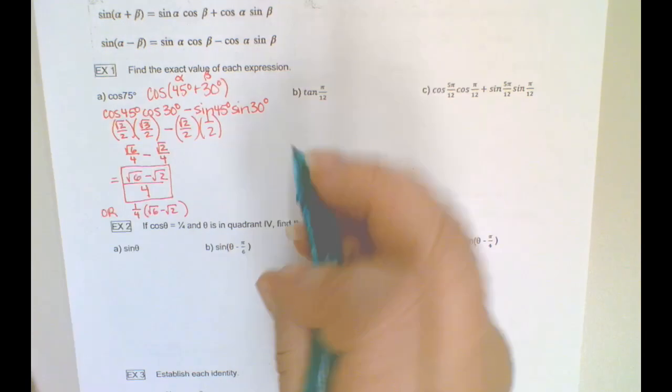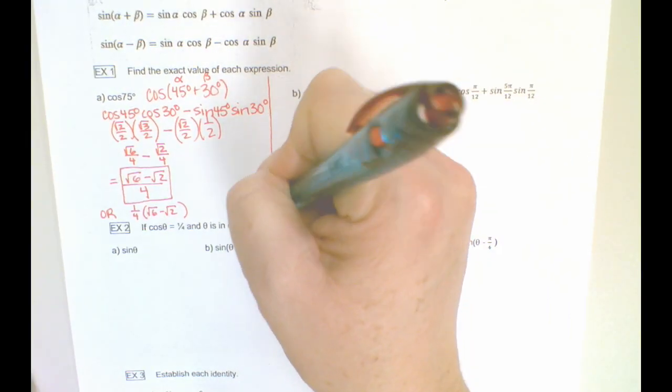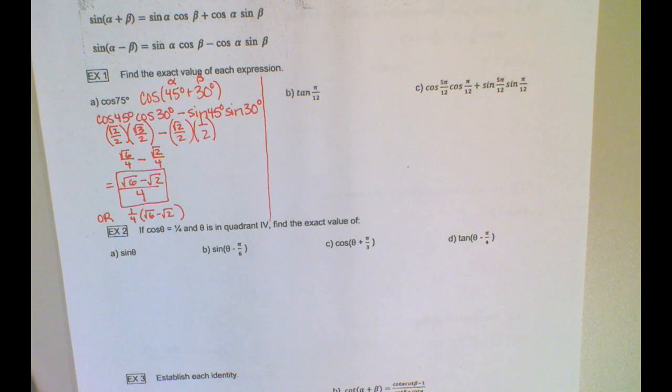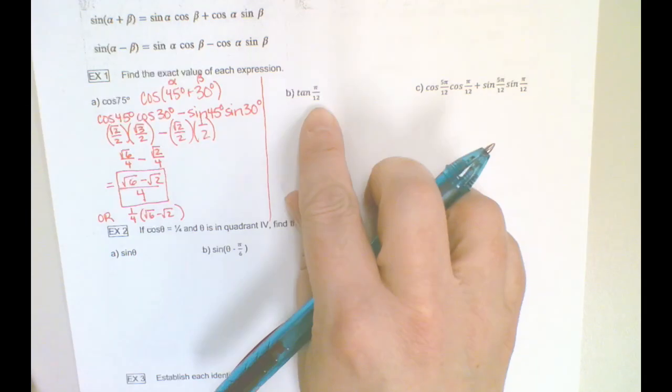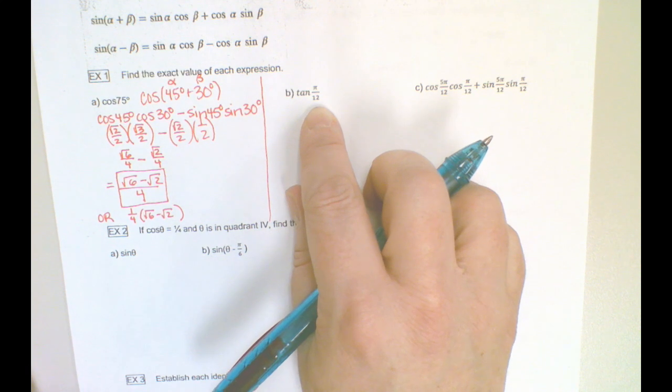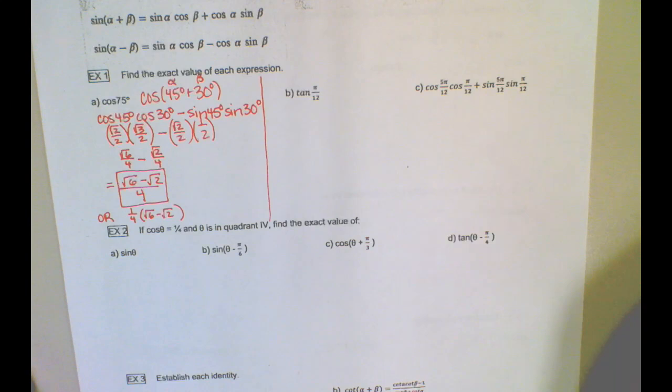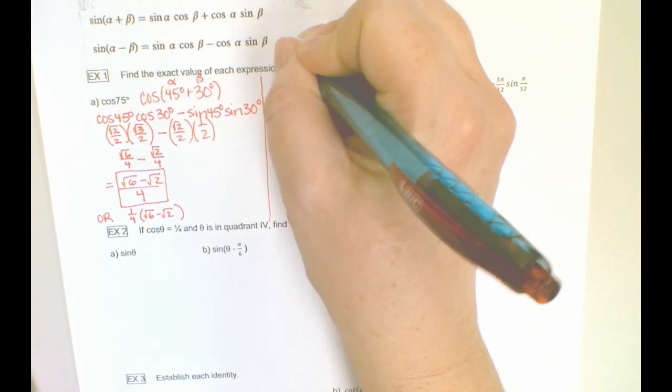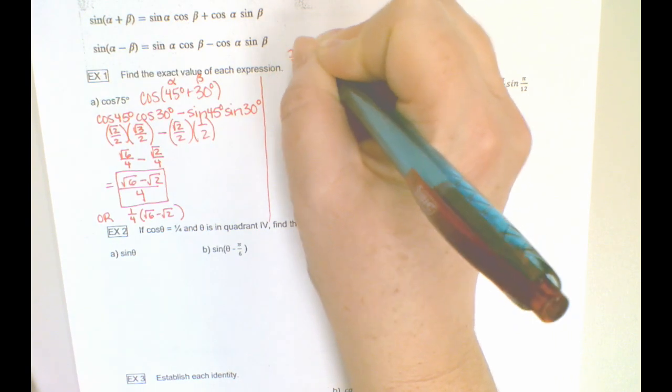All right, so B, same idea. I'm going to draw a little separator here. I've got pi over 12, and pi over 12 is not on the unit circle. Because pi over 12 is smaller than the values on the unit circle, I'm thinking I'm going to be using a difference, using subtraction here. A denominator of 12 I could get by using 3s and 4s. So I think of pi over 3 minus pi over 4.